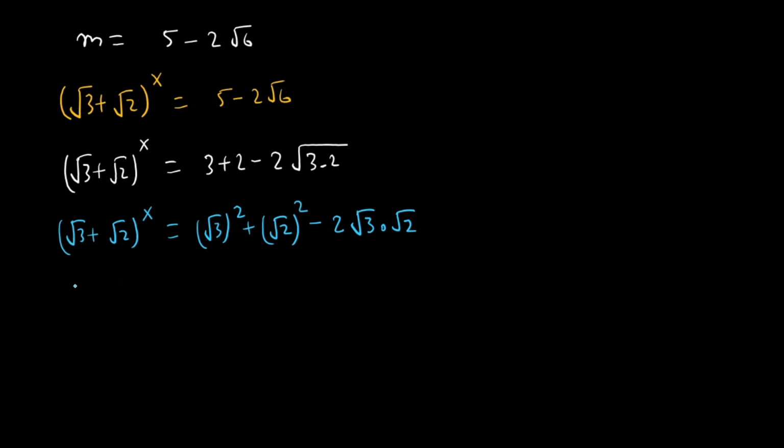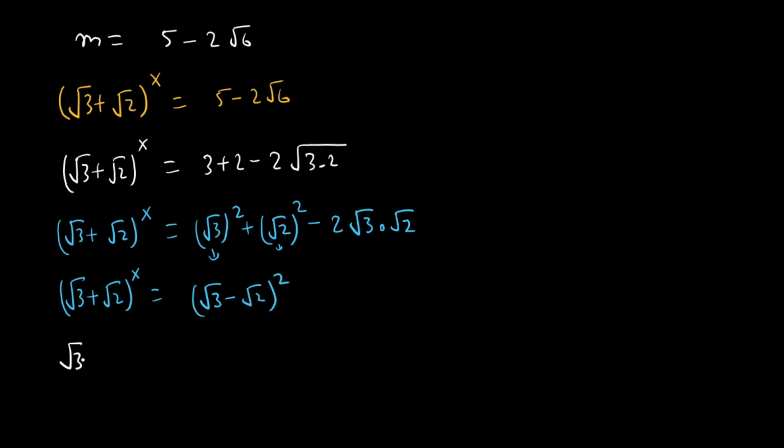Look carefully, if this square root of 3 is a and this square root of 2 is b, then a square plus b square minus 2ab is (a minus b) whole square. So this is the same as (square root of 3 minus square root of 2) whole power 2.